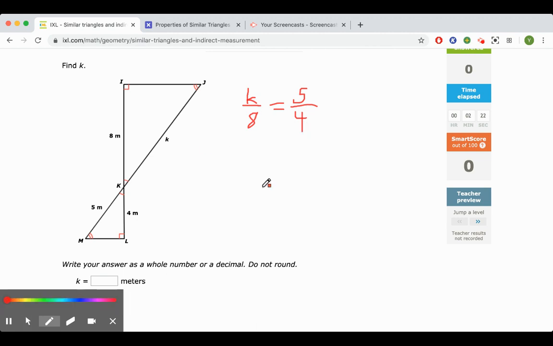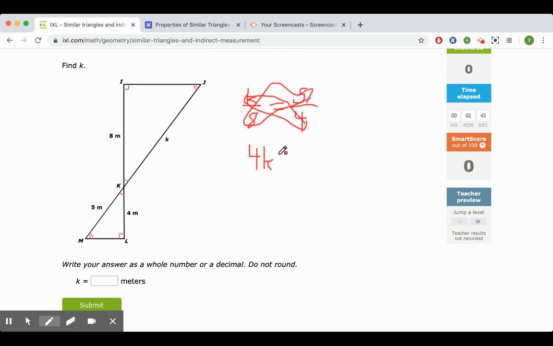Now we can solve it. Now, in a proportion, the cross products are equal. So I can cross multiply here and get a cross product, which is 4K. And the other cross product is 8 times 5, and that gives me 40.